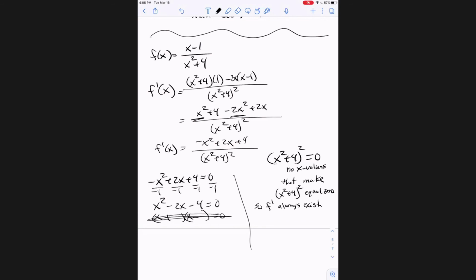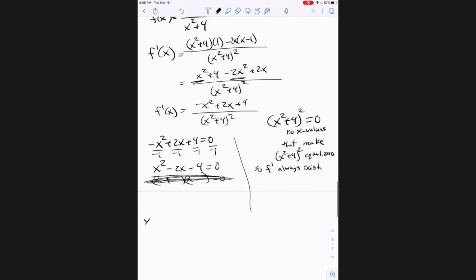So we're going to have to use the quadratic formula. So x equals the opposite of b plus or minus the square root of b squared minus 4ac, all over 2a. Do you remember that? That's the quadratic formula.